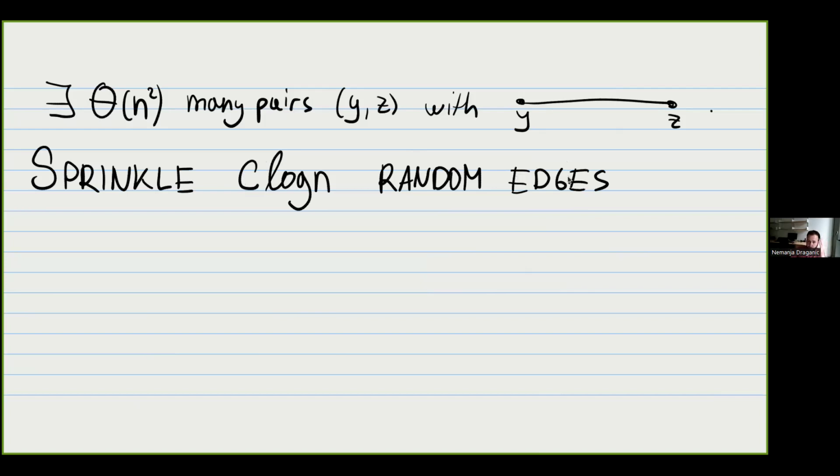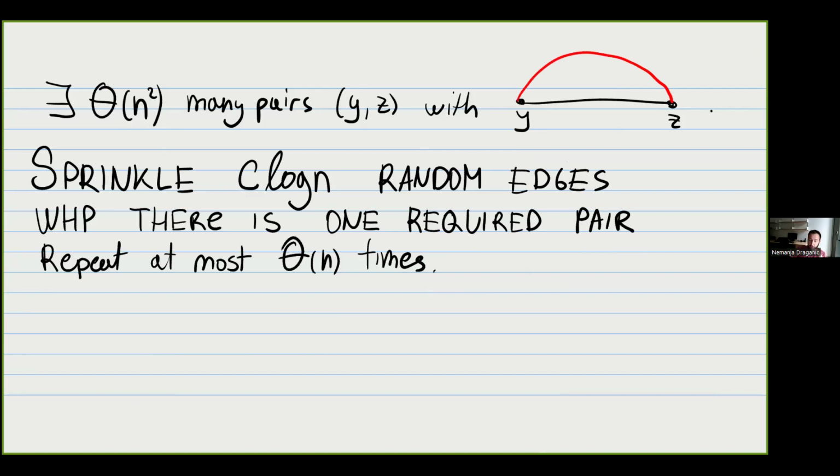Then by standard concentration bounds, because I have n squared many pairs which are good for me, and any edge between such a pair would be closing a cycle as before, there is one edge with high probability which closes a cycle, and then we can prolong the path. You can do this once, but you can also do this n many times, because you start with some path and you're always making it one longer. So you can repeat this process many times, and in the end you would get a Hamilton cycle.